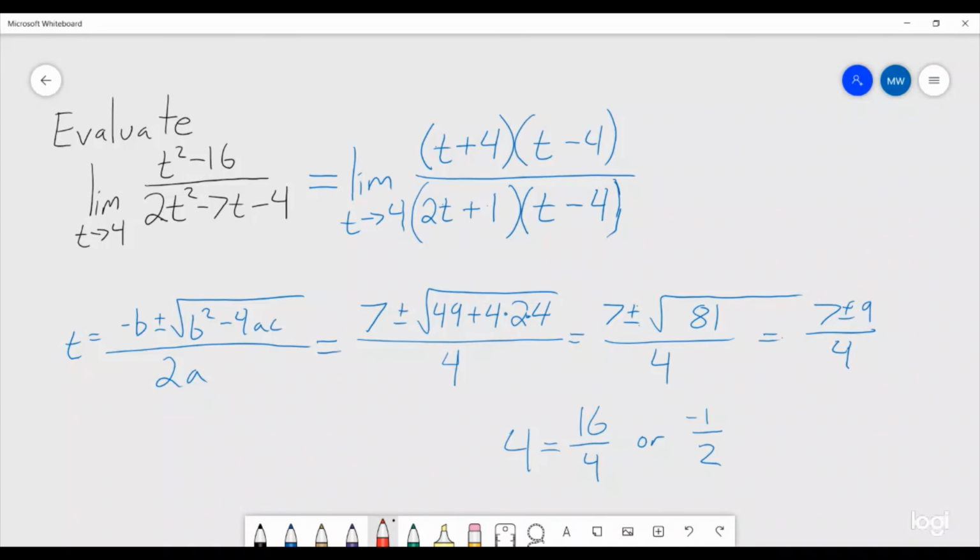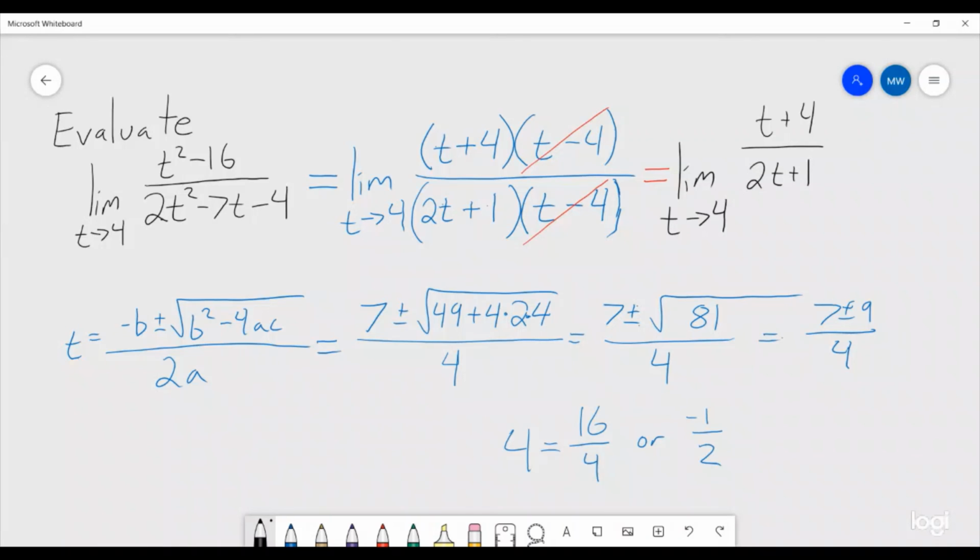Now because we're inside a limit, we are able to cancel these. You can't cancel them in regular functions. You would have to include a restriction on the domain saying t can't be 4. But inside a limit, canceling without worrying about that is completely fine. So what we're left with is just the limit as t goes to 4 of t plus 4 over 2t plus 1.